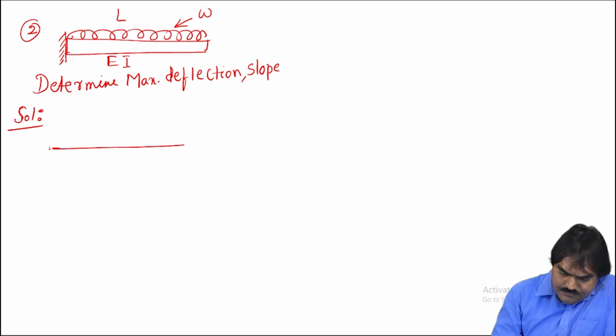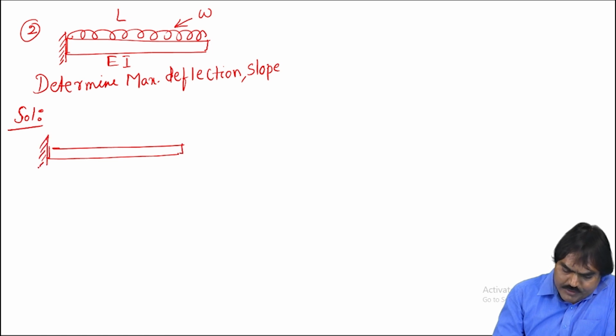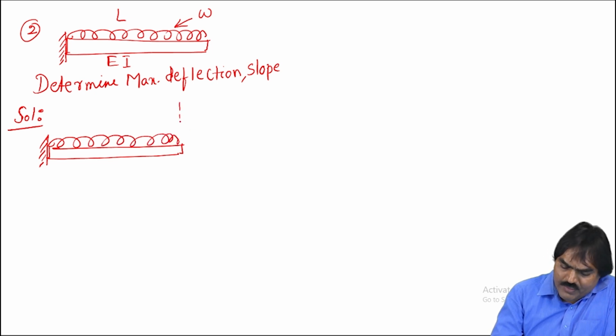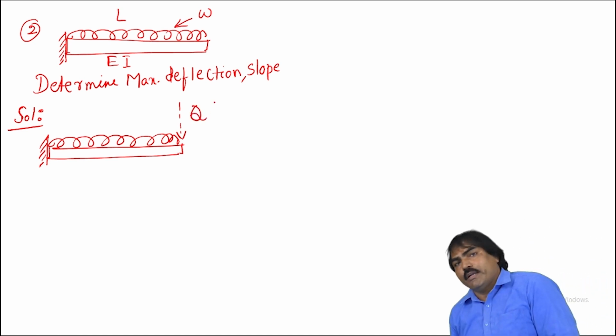For this kind of structure, if you want to find the slope and deflections by the energy method, since there is no point load, you apply a dummy load here. Generally, the dummy load is shown by the dotted line.